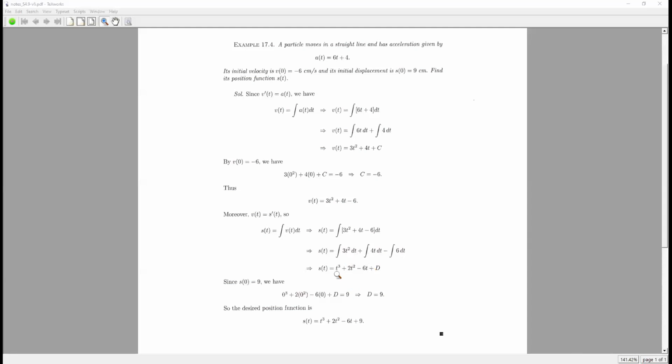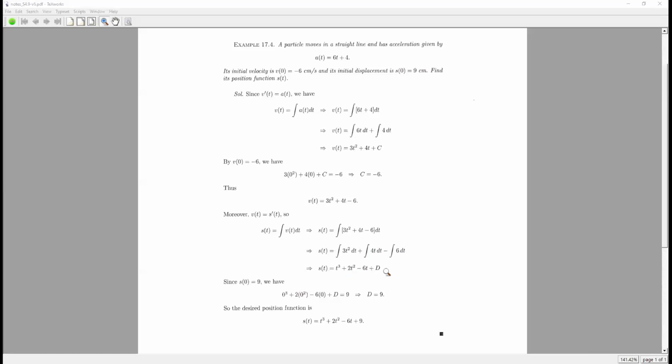Then we get s is this, d an arbitrary constant. I use d here because I have used c here. Now to determine d so that this initial condition is satisfied, I plug in 0 for t here.